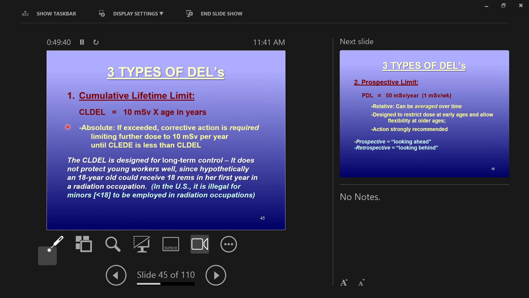Okay. So cumulative lifetime limit. It's your age in years times 10, and the unit comes out in millisieverts.